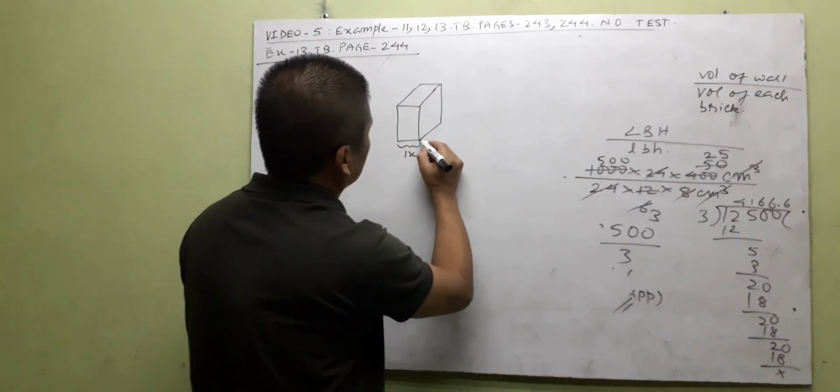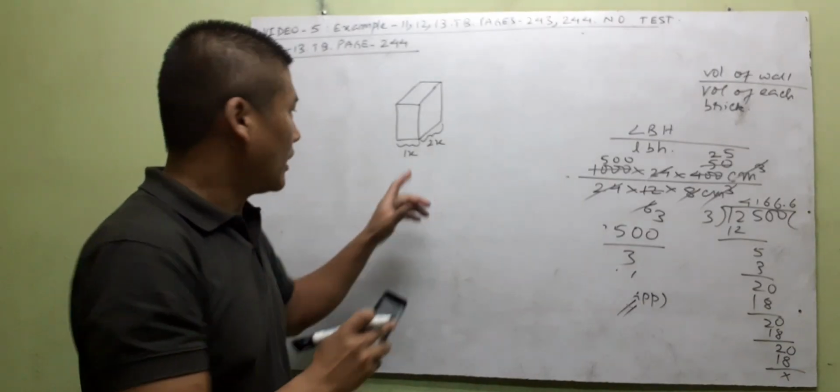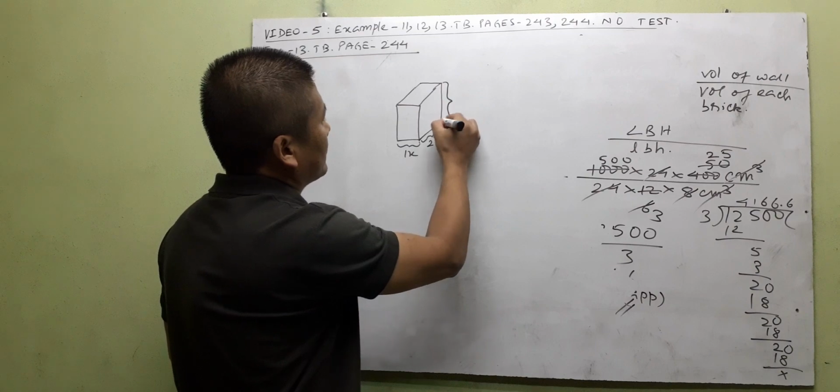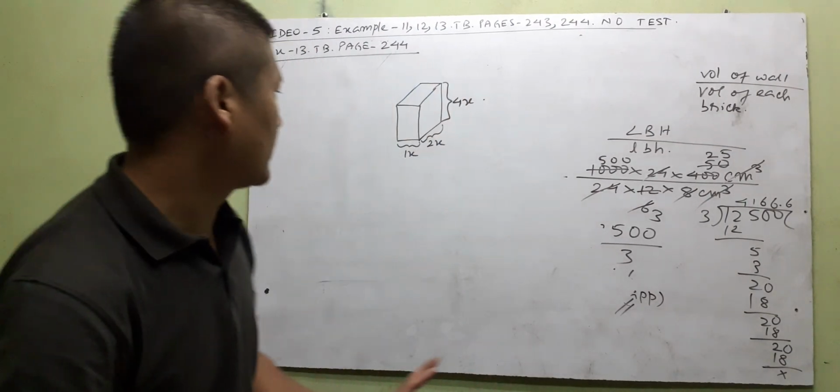So here, 1:2 means the breadth is longer than the length, and the height is the tallest, 4x. 1:2:4x. See? 1:2:4. Check the text.